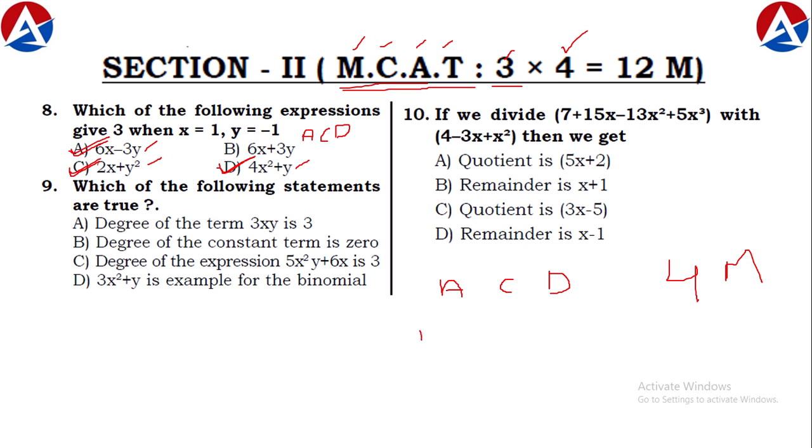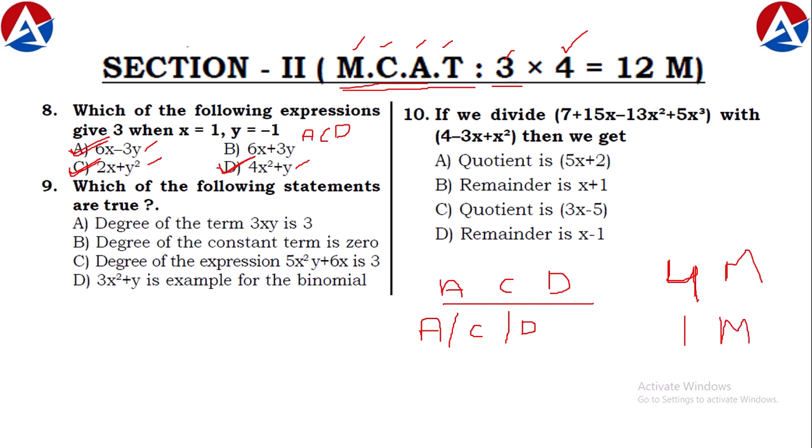In these partially correct cases, however many correct options they bubble, that many marks will be given. If it is completely correctly answered, 4 marks are given. For example, if they bubble only 1 correct answer, either A or C or D, they will be given only 1 mark.